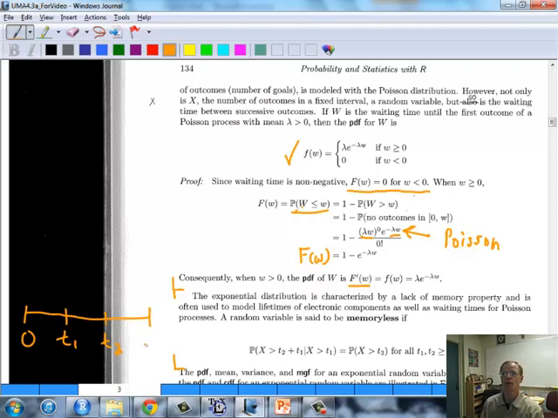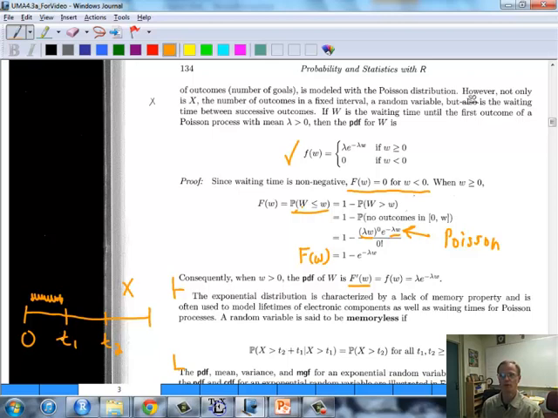Okay, so the probability that the event X occurs over here, that is past time 2, turns out to be the same as the probability that X occurred past time 2 if it was known that it did not occur in this region right here. So I'm just going to rub this out. That's the memorylessness property.